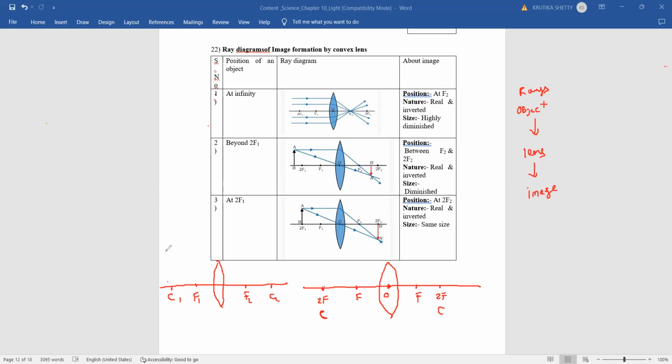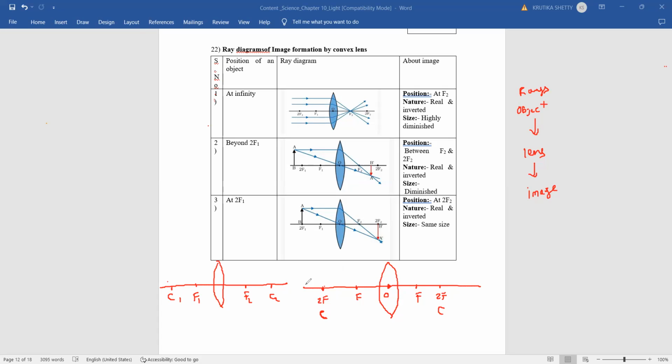Don't get confused. C1 or 2F1 is one and the same. F1, F2 and F, F is also the same. In some books they use F1, F2 or F, F, 2F and 2F.